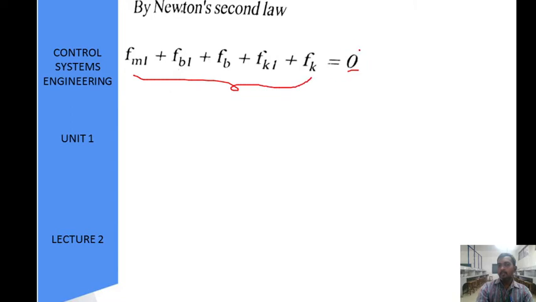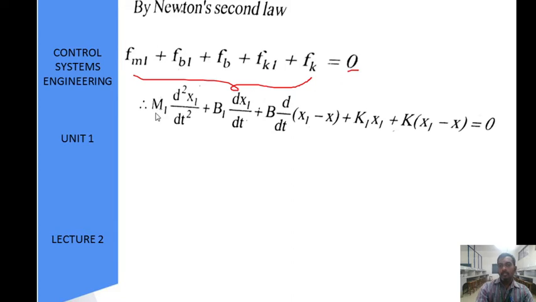Applied force is equal to opposing forces. Therefore, m1 d squared x1 by dt squared plus b1 dx1 by dt plus b d by dt of (x1 minus x) plus k1 x1 plus k (x1 minus x) is equal to 0.